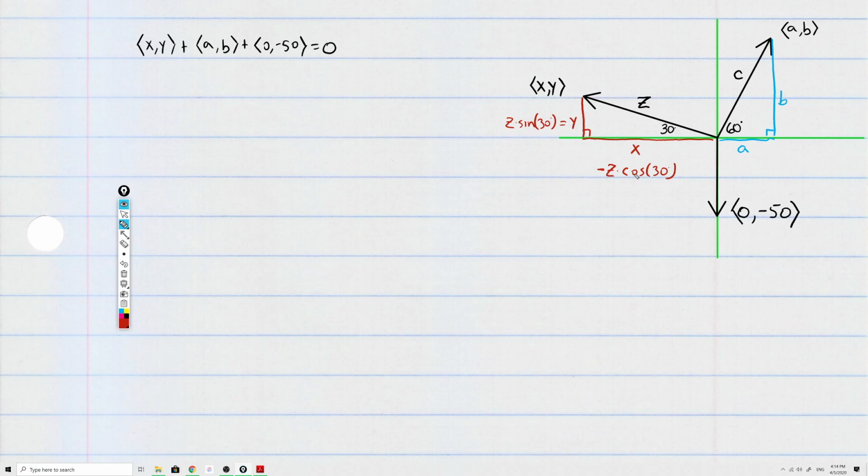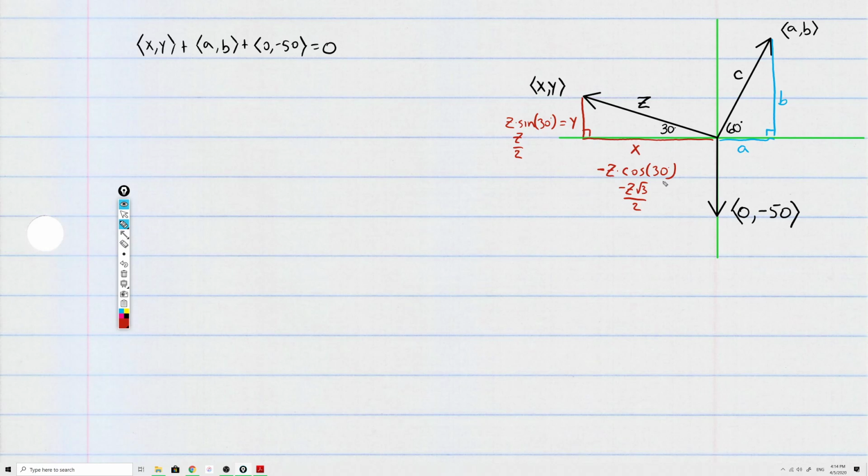Now, 30 degrees is a nice unit circle angle, so we know what the sine of 30 degrees is and what the cosine of 30 degrees is, so we can simplify this expression a little bit. If I remember correctly, the cosine of 30 degrees is the square root of 3 over 2. I have this negative, so that means the adjacent side x is negative z square root 3 over 2. The sine of 30 degrees is a half, so y is simply z over 2.